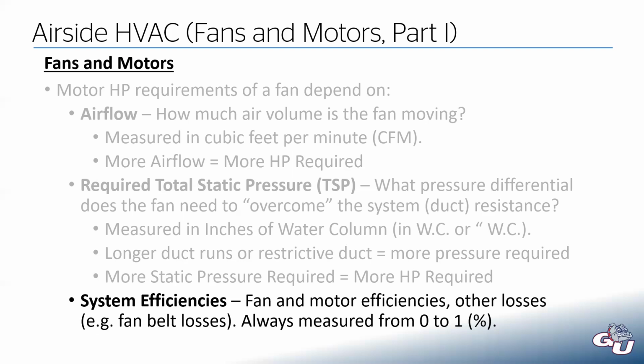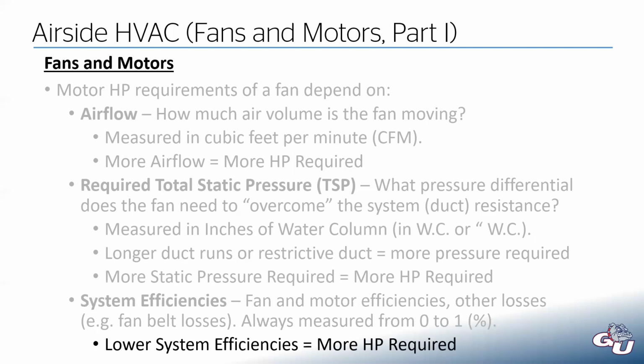And these efficiencies are always measured from 0 to 1, or 0% to 100%, because you can't have a motor that's more than 100% efficient. If you have lower system efficiencies, then that's going to require more horsepower.